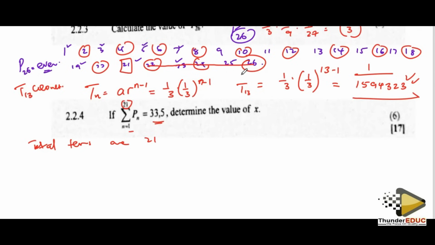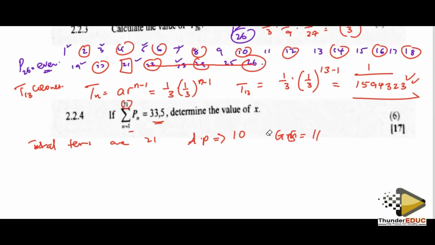Question is, how many arithmetic? So for AP, now call it arithmetic progression, how many terms do I have? 1, 2, 3, 4, 7, 8, 9, and 10. So I'm going to have 10 for arithmetic, which means the geometric progression or series is going to have 11 terms. Is that even true?